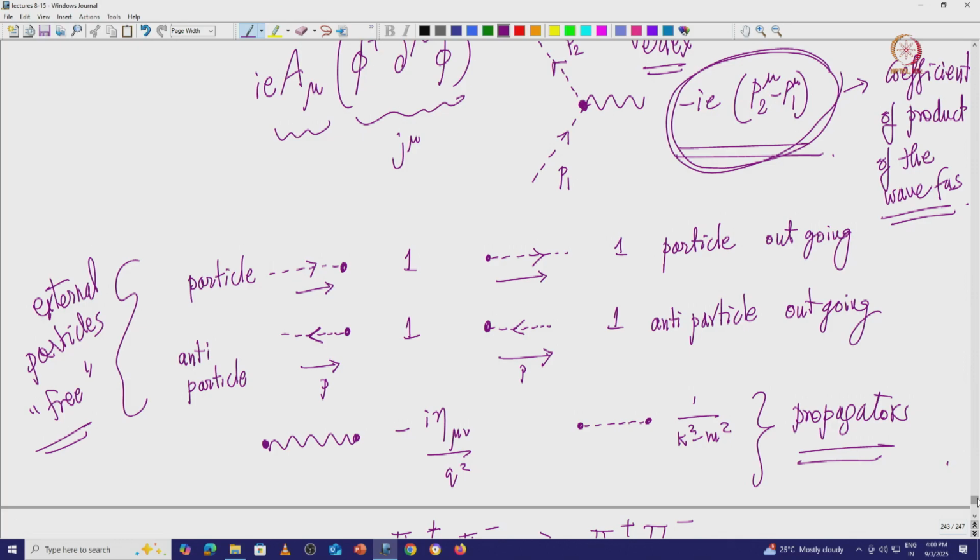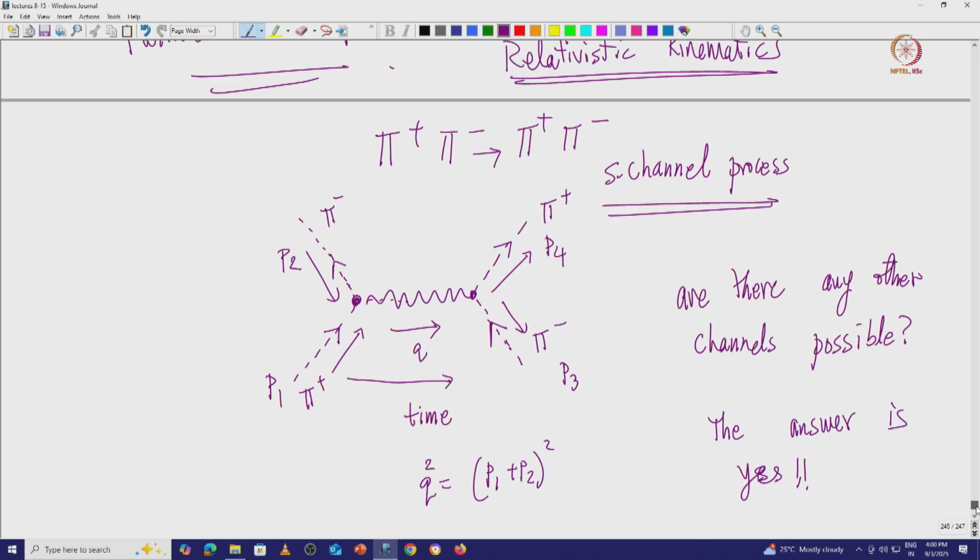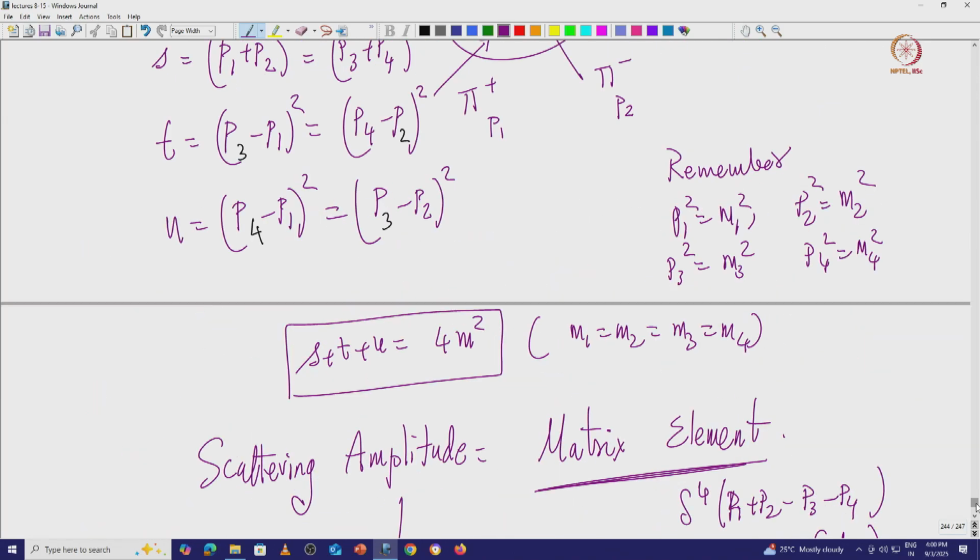Now, here we can multiply the spinors if it is a fermion, or you just multiply with ones if it is a scalar, because the scalar does not have any spinors except the plane wave part. All the plane wave parts add up to give you this phase factor of the wave function.